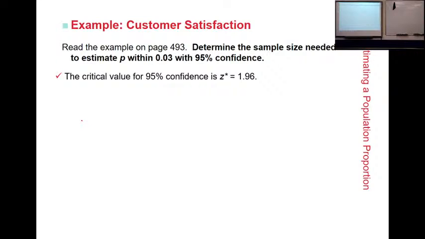Any other proportion is going to be smaller. So if I want to put a high end cap on the margin of error, then the highest end that I want is going to be 0.5. And so I can use 0.5, as that'll give me the largest margin of error I could possibly have. So we're either going to use our established proportion we already have, or we're just going to use 0.5 as our stand-in.